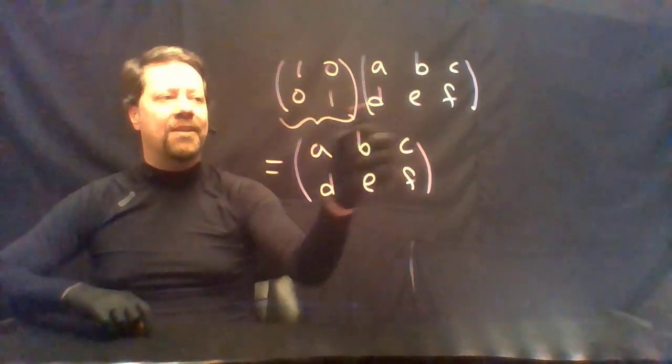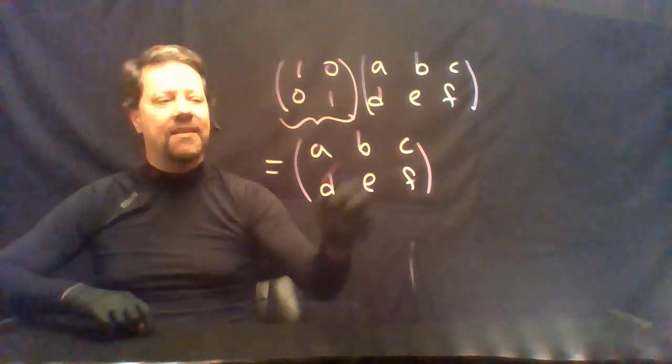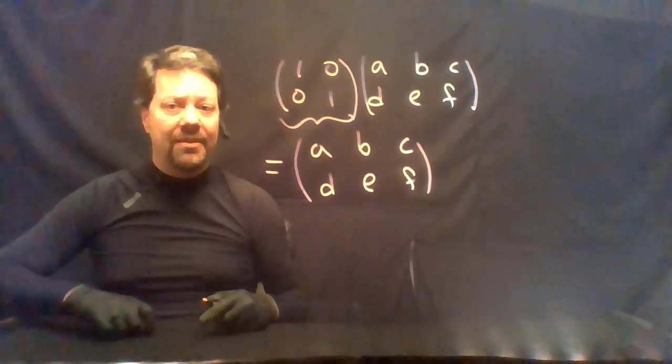If I multiply that matrix by any 2 by 3 matrix, I end up with that other 2 by 3 matrix.